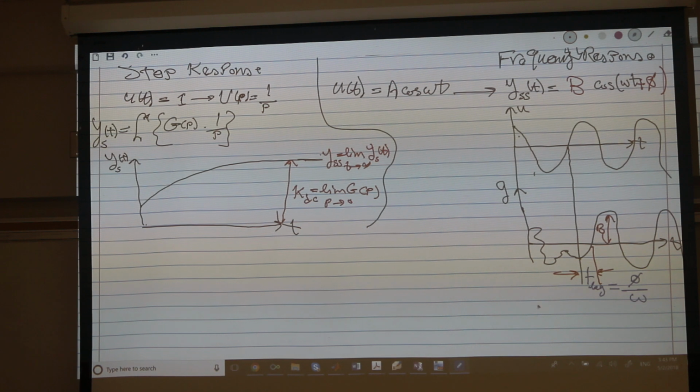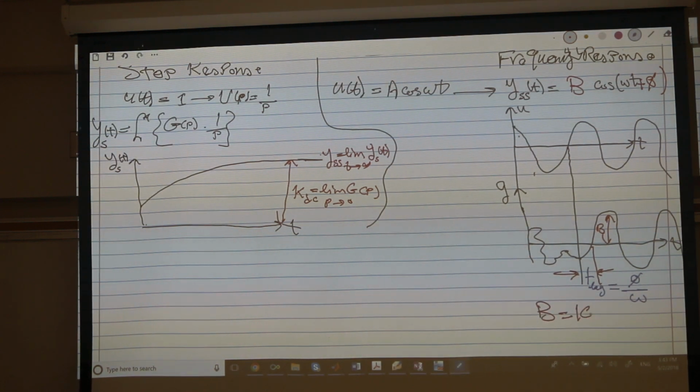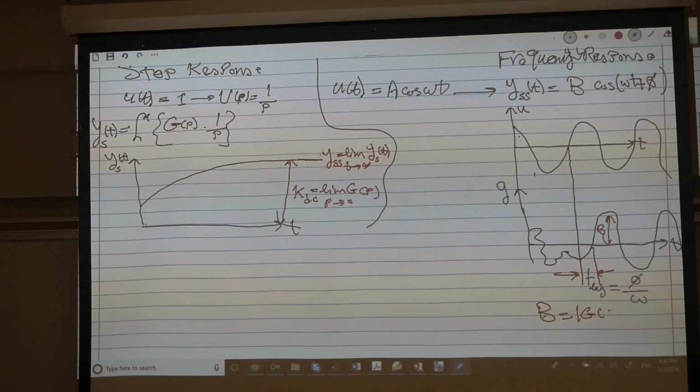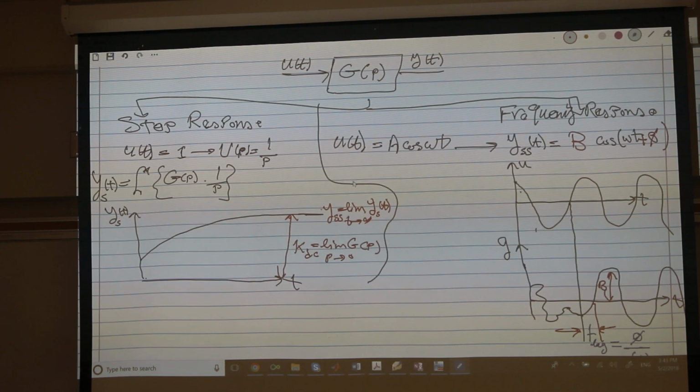Simply, B is the magnitude of your transfer function when you substitute every p by i omega. So your transfer function is a function of p, Laplace. Replace every p with i omega, so now it's complex, and it's a function of omega.